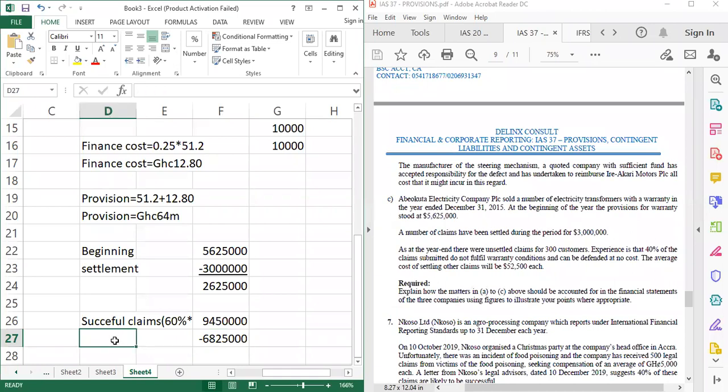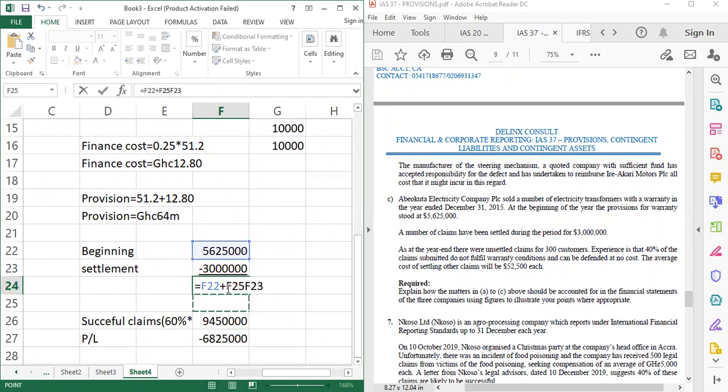So this is the figure that we send to profit or loss as provision. And the new 9,450,000 will be the one that we now send to the statement of financial position as the new provision. So if you talk about provision, it's treated as any other provision. We take only the increase. Our new provision now is 9,450,000, but we have a provision balance of 2,625,000.